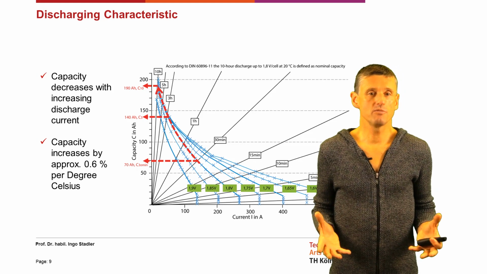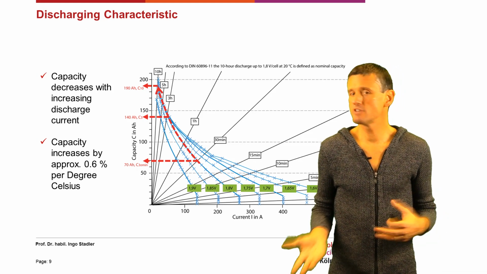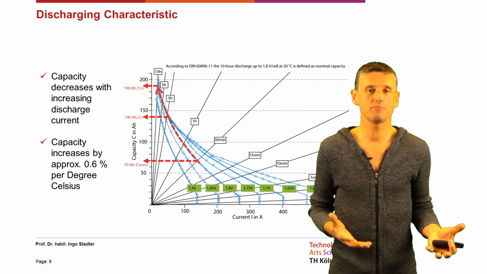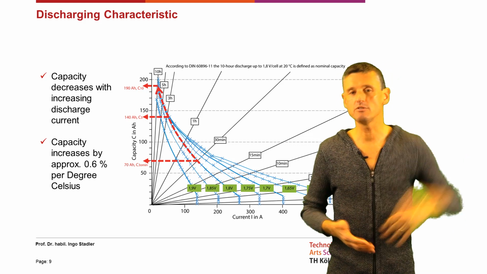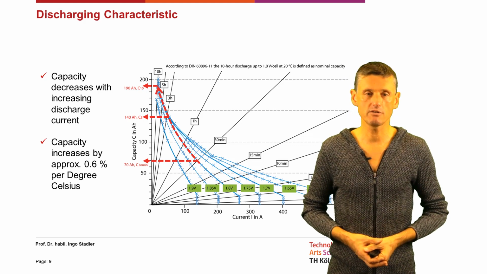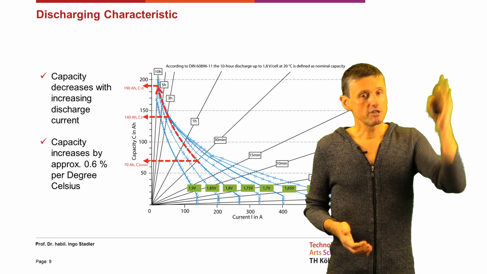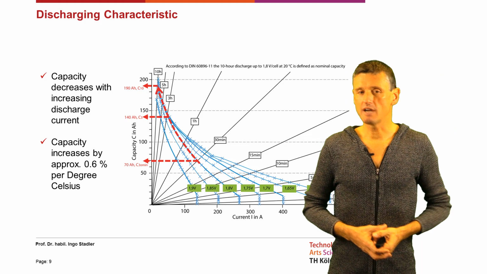On that diagram we see what happens with the capacity when we discharge the battery with different currents. On the horizontal axis we have the discharge current in ampere, and on the vertical axis the capacity in ampere hour.